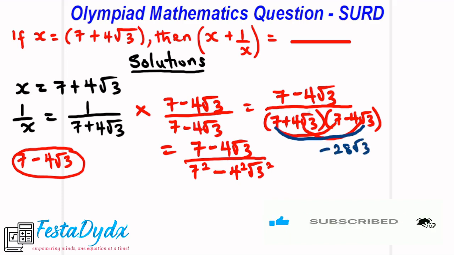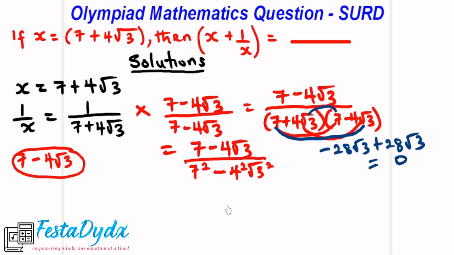And if I do 4 root 3 times 7, it's going to give us plus 28 root 3. So minus 28 root 3 plus 28 root 3 is equal to what? 0. So we're having 0 in the middle here. Instead, we can just use the first method I did, that is multiply the first number by the first number, then the second number by the second number. This is because of the difference of two squares we have there, that is the different signs, plus and minus.